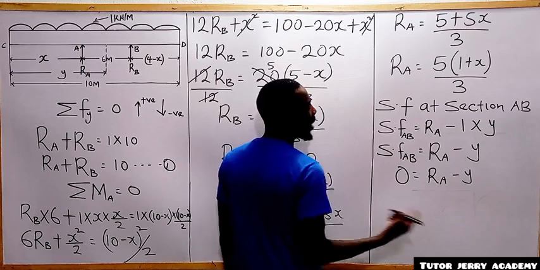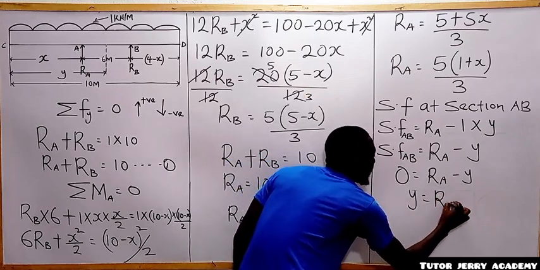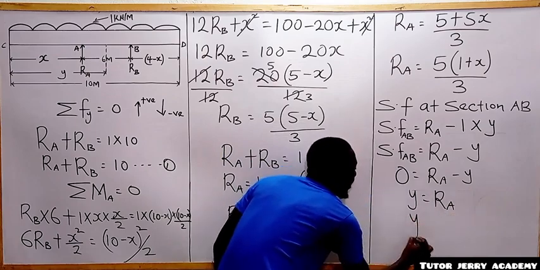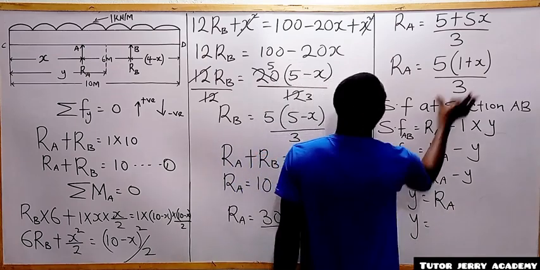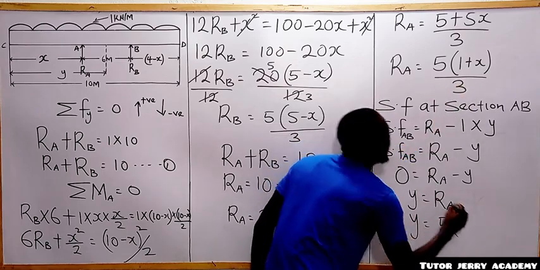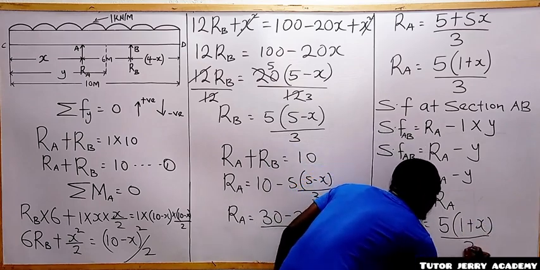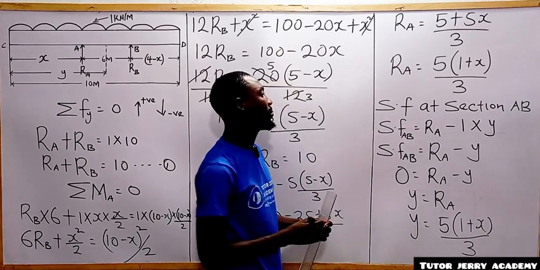Then we can say that Y is equals to arrow A. And don't forget that our arrow A is 5 into 1 plus S all over 3. All right.